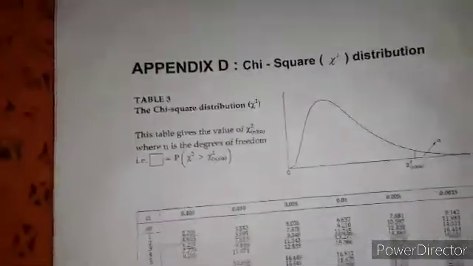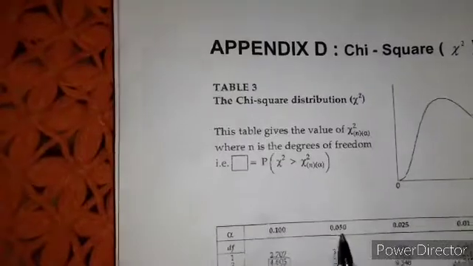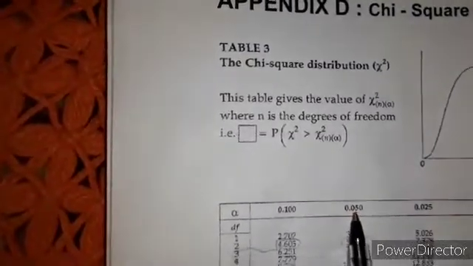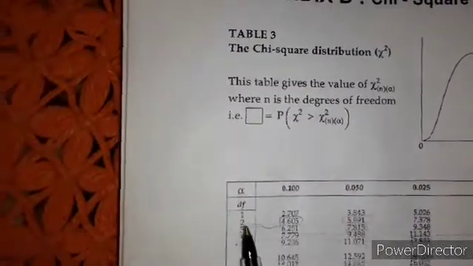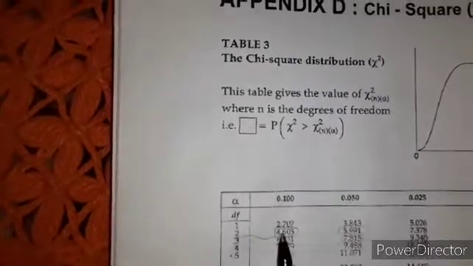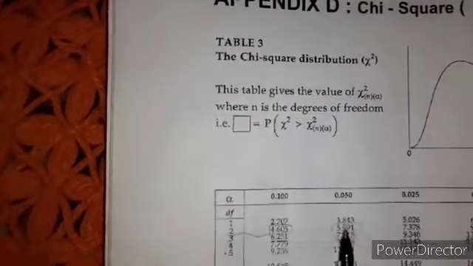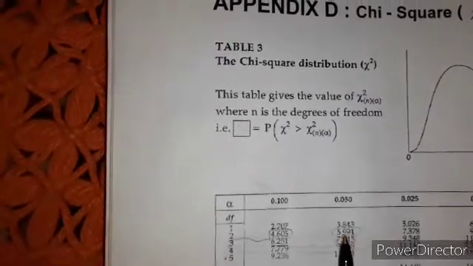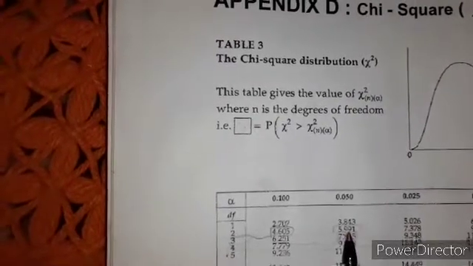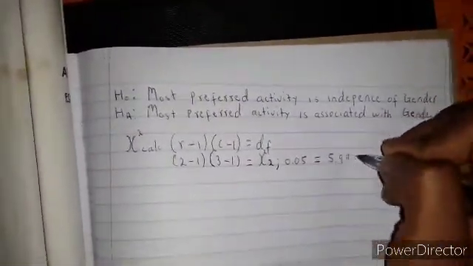Then our critical value: you're going to check 0.05 together with 2. Our critical value is 5.991.